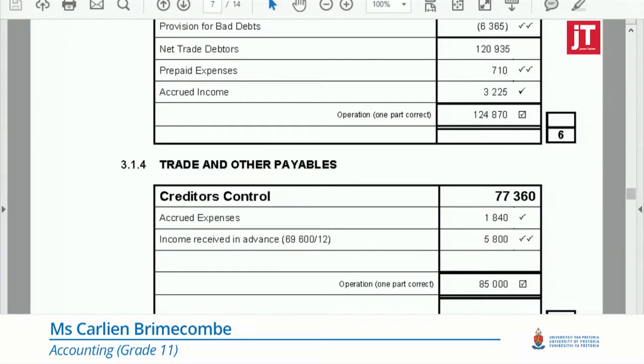Not if you put it as part of current liabilities, not if you put it as note number 9. Because otherwise you're putting it in twice. So it's either or. Well done. Good.